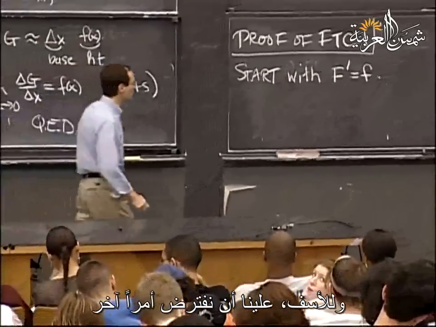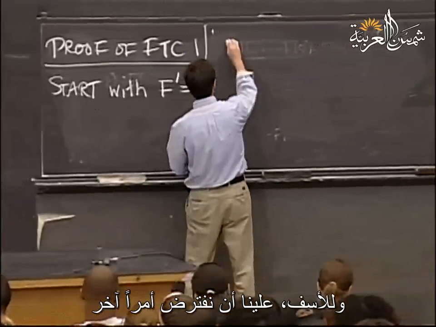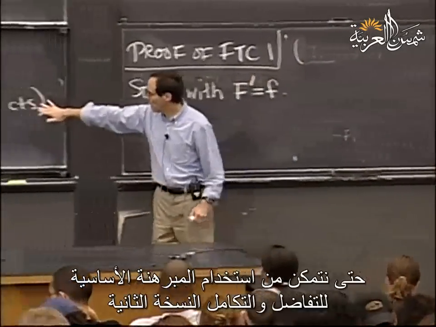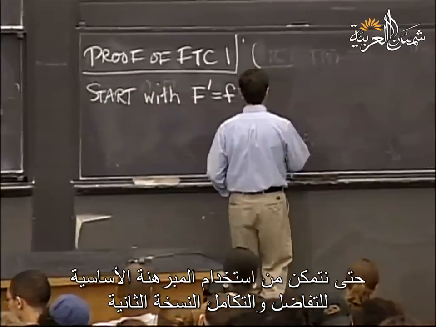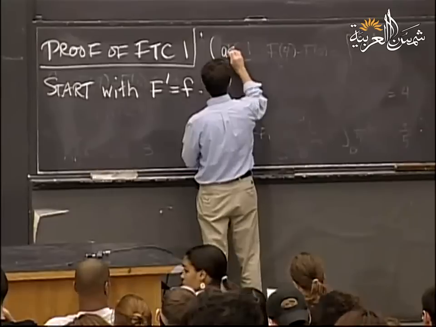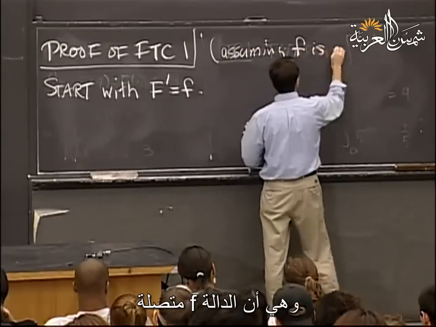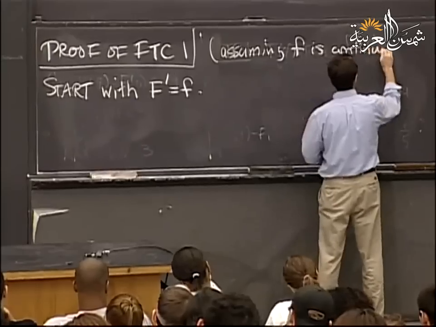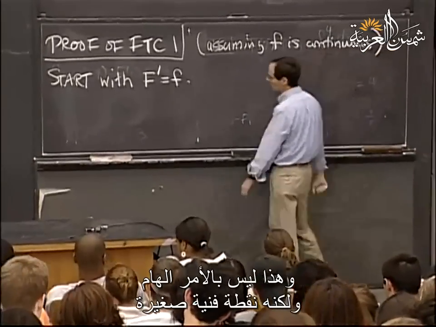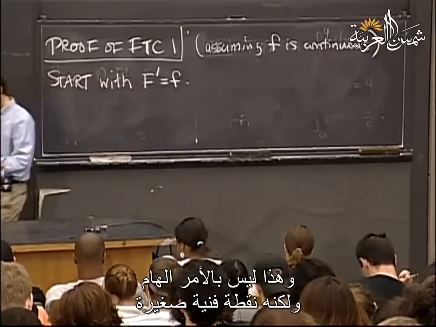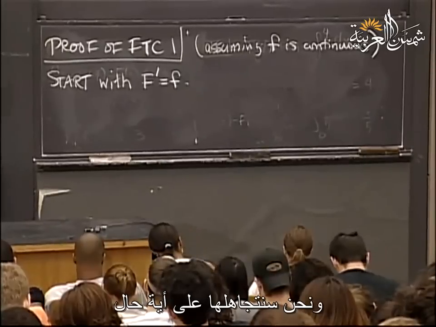Now, unfortunately, I'm going to have to assume something extra in order to use the Fundamental Theorem of Calculus 2, which is I'm going to assume that f is continuous. That's not really necessary, but that's just a very minor technical point, which I'm just going to ignore.